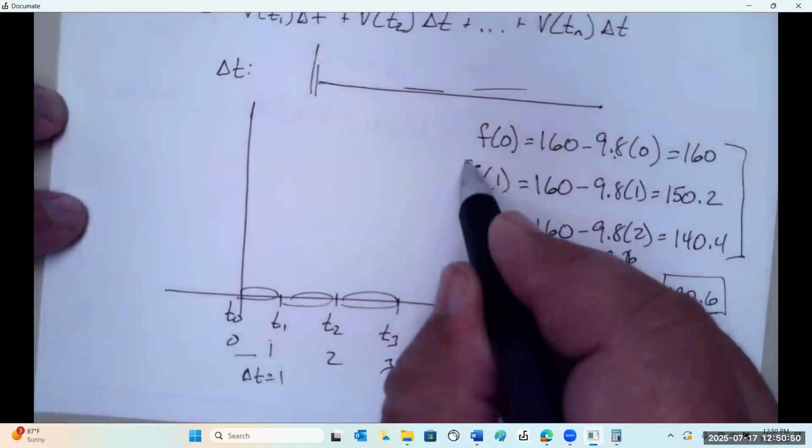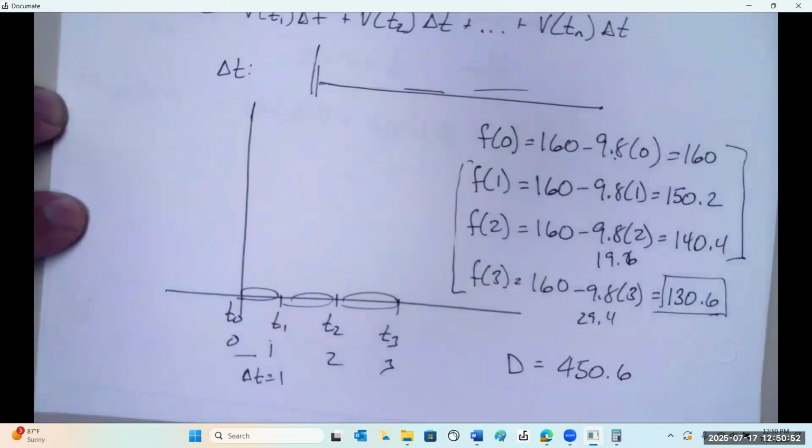What happens if we use the other numbers?